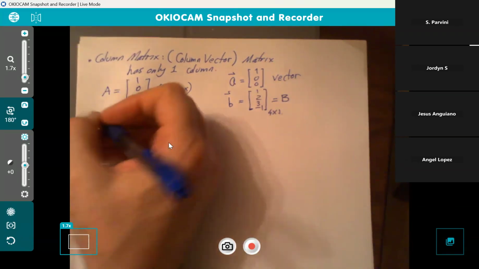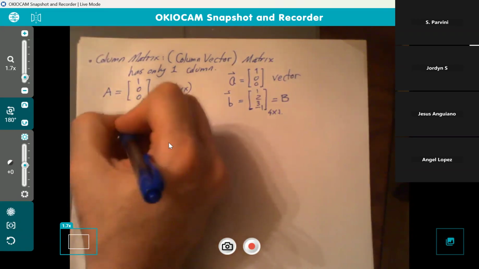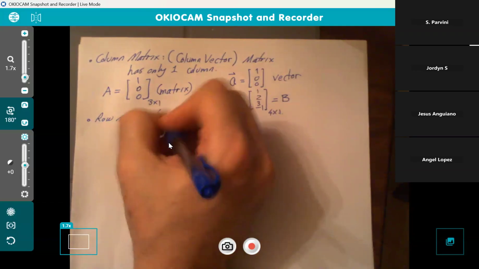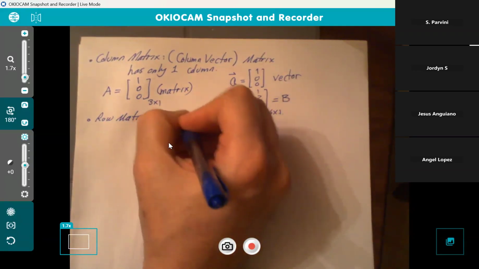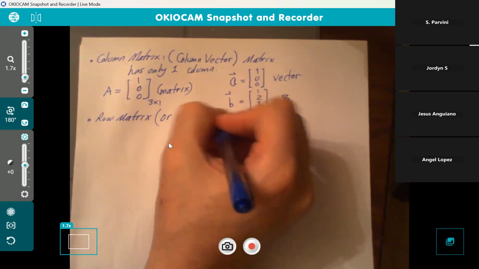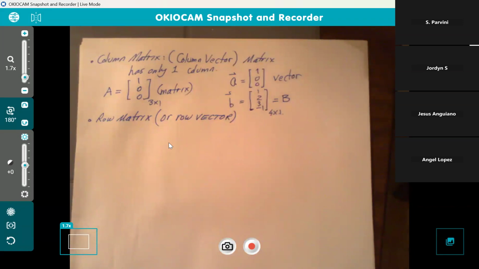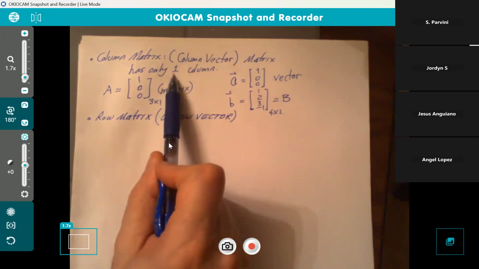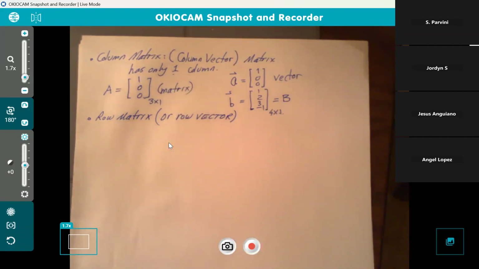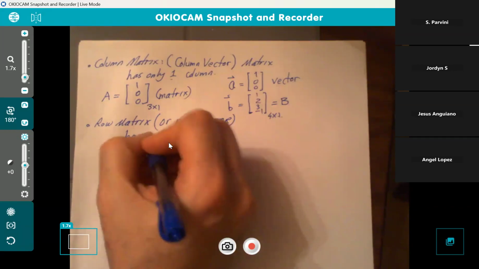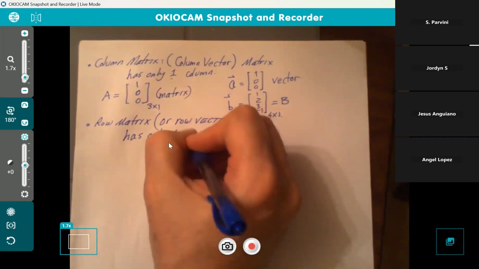And then we talk about a row matrix. So what is a row matrix? A row matrix, or we can also call it a row vector. What do you think a row vector would be if we bounce off of a column vector? The same thing, but instead of being vertical, horizontal. You got it. So a row vector has only one row.